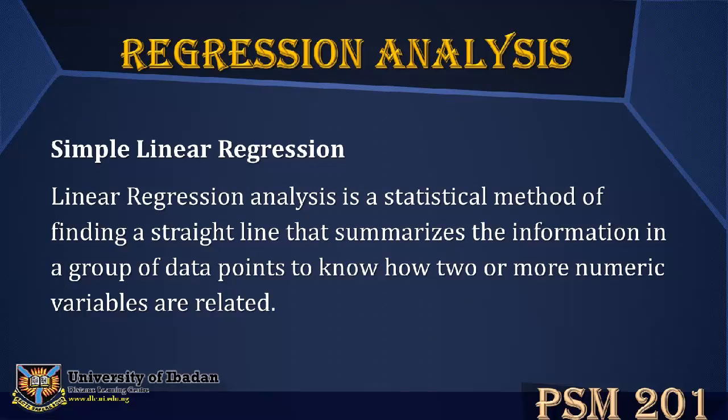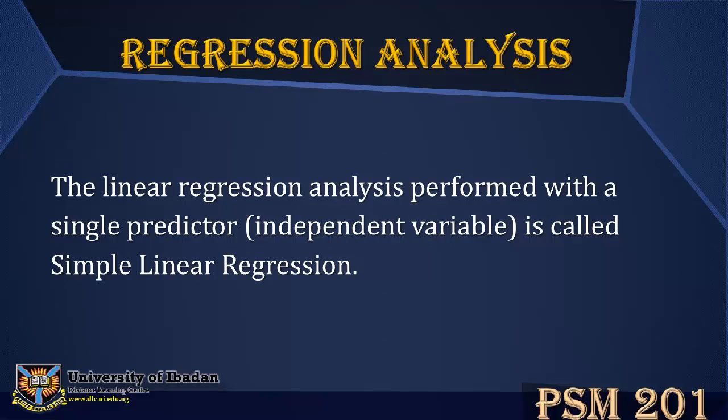Simple linear regression. Linear regression analysis is a statistical method of finding a straight line that summarizes the information in a group of data points to know how two or more numeric variables are related. The linear regression analysis performed with a single predictor independent variable is called simple linear regression.